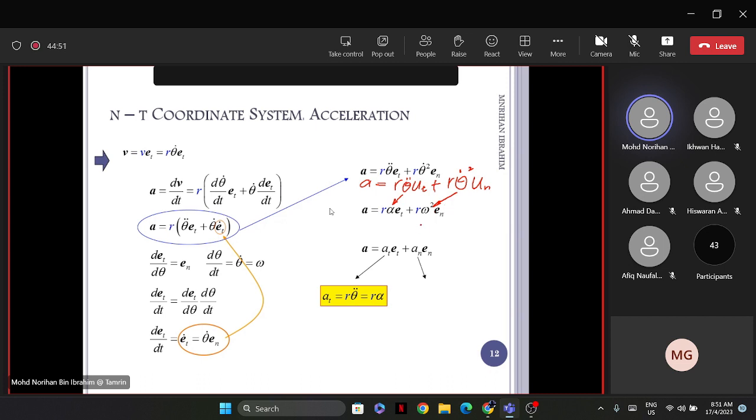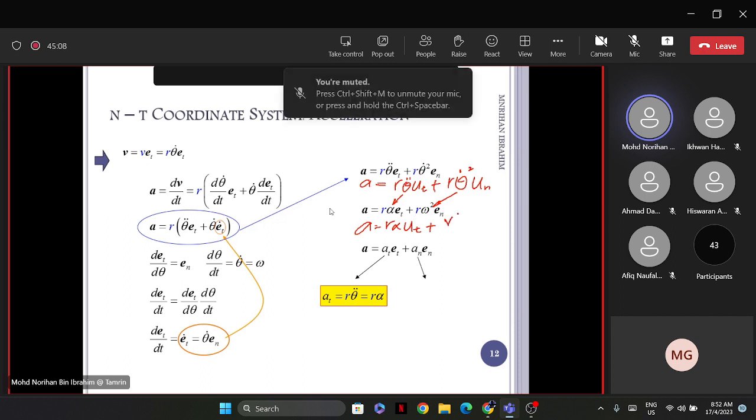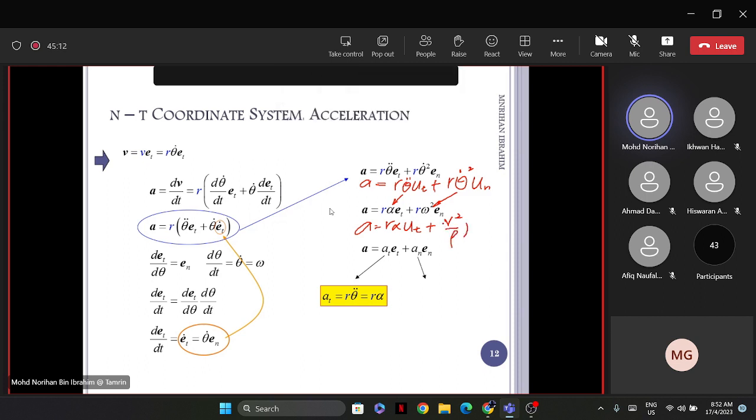Or we can write down as A is equal to R alpha UT plus R omega square, which is AN is equal to V square divided by rho, or R omega square, UN. UN is the vector for this normal.